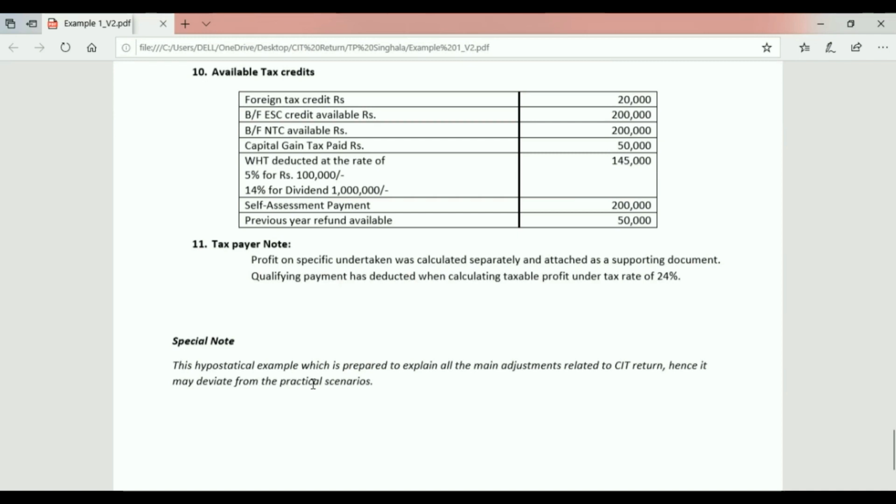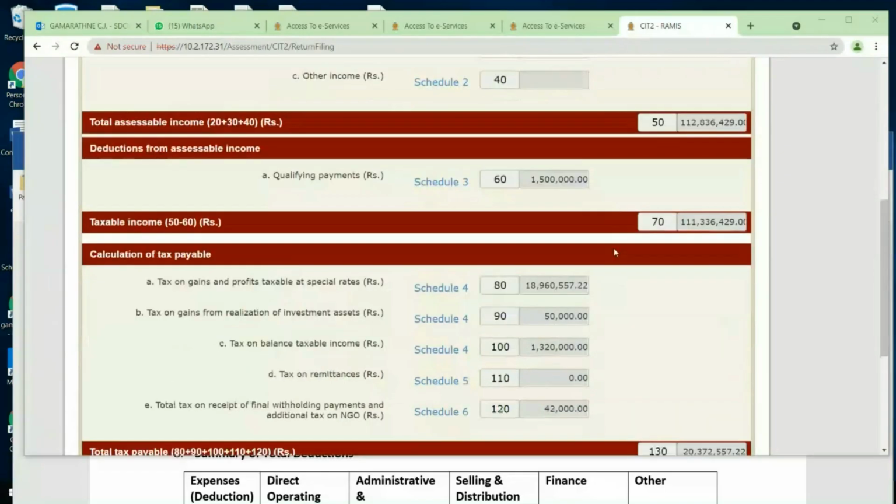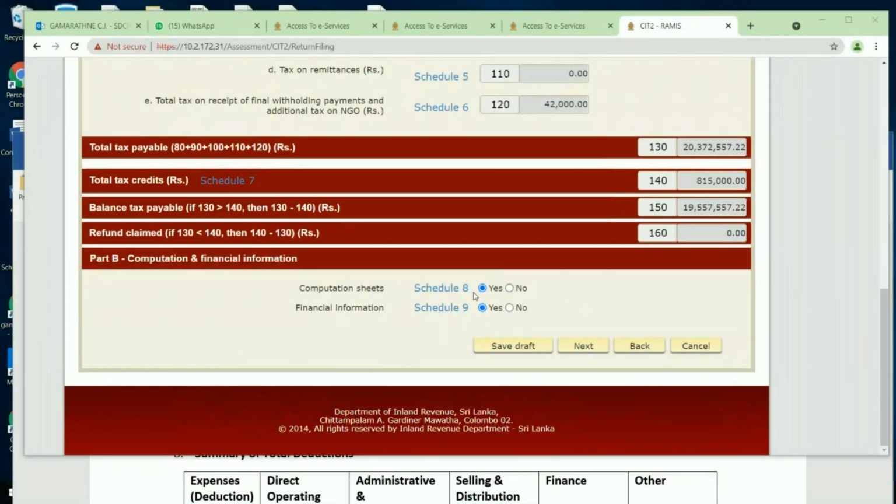With that explanation, we are supposed to do the computations, right? We will share the documents, part B, schedule 8, right? Based on this schedule 8 preparation, we will discuss how we include these details in schedule 8, right?